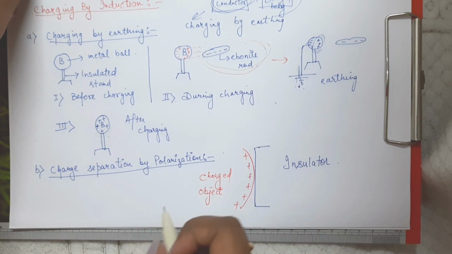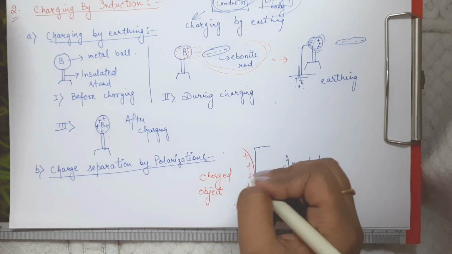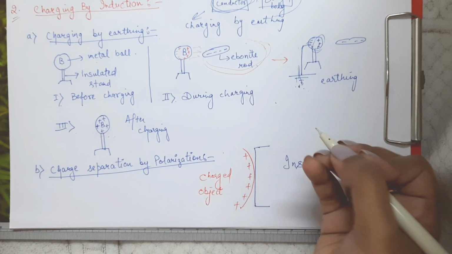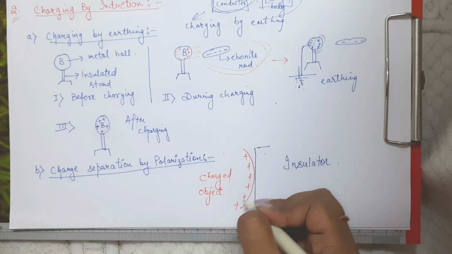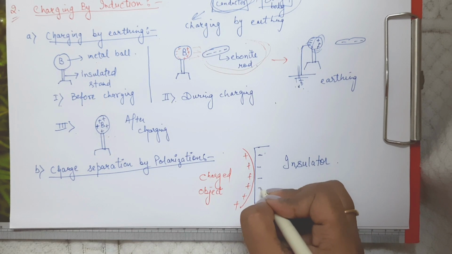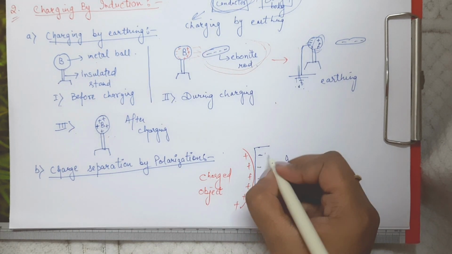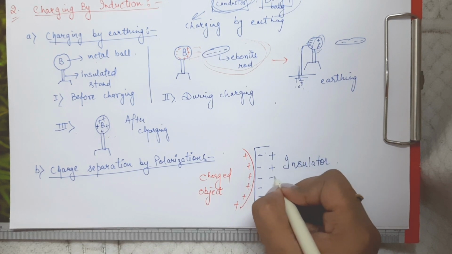Okay, now this is an insulator. Now what happens in this insulator? How will charge be induced? This is positive charge, so it will attract negative charge towards itself, and due to this the positive ones will be here.